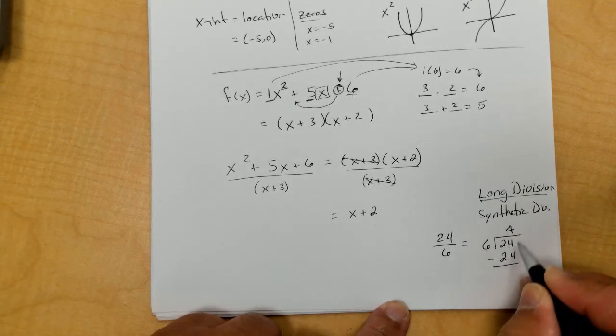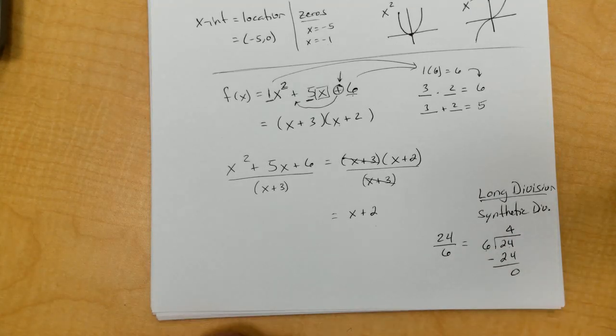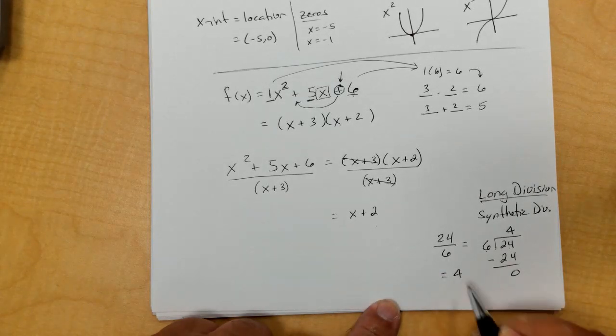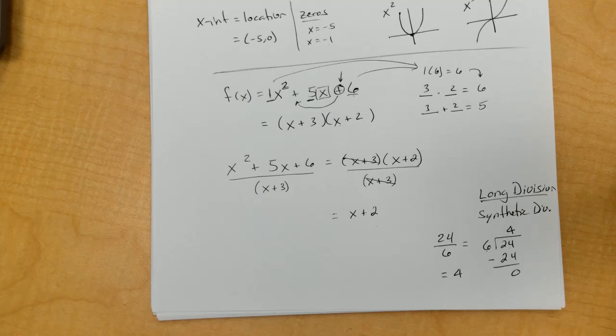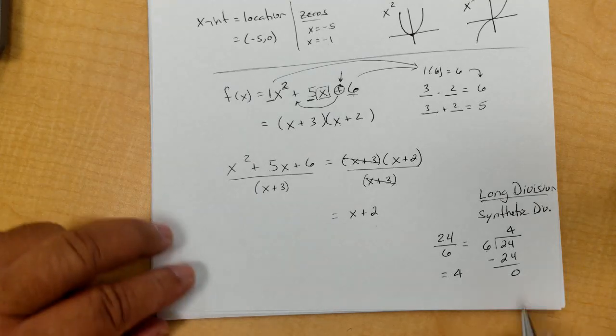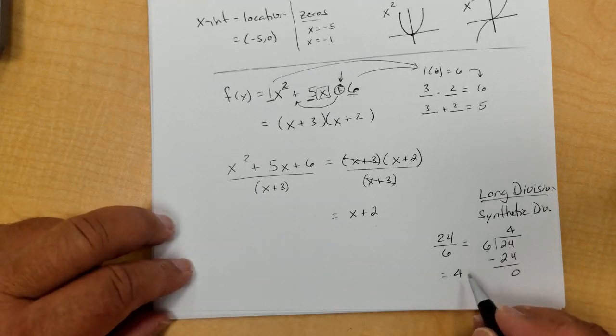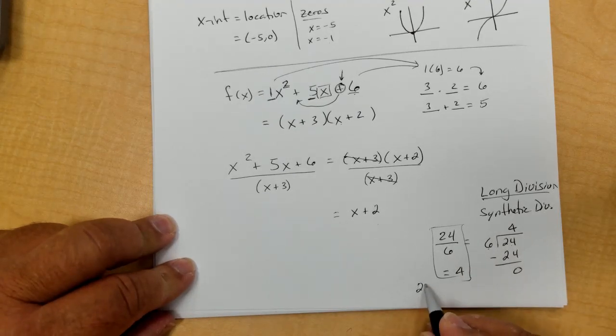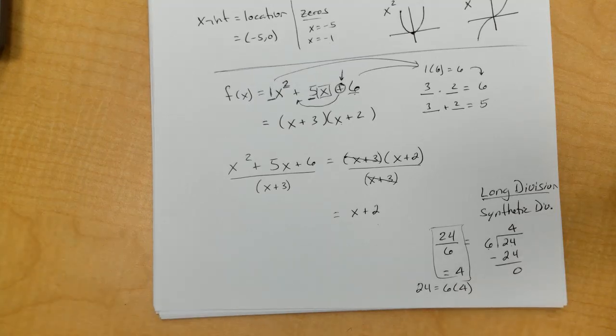Subtract them, you get 0. So 24 divided by 6 is equal to 4. Now, what does this mean? This means that 24 is equal to 6 times 4.